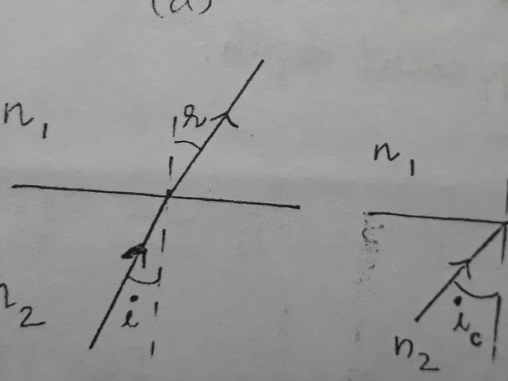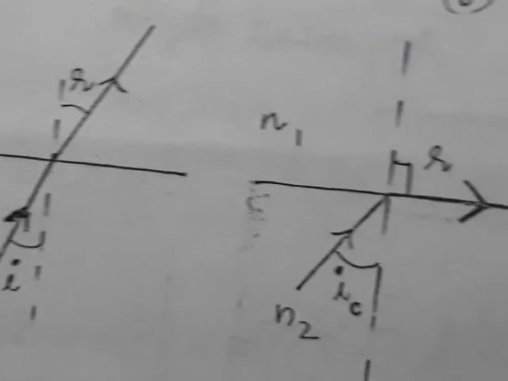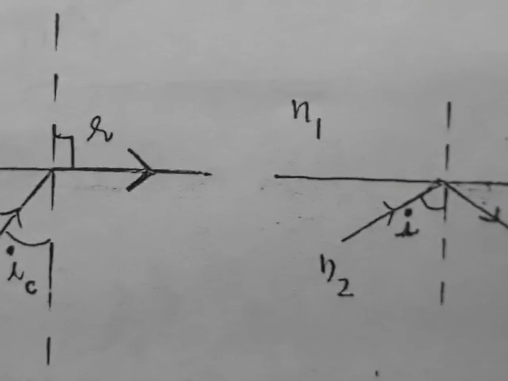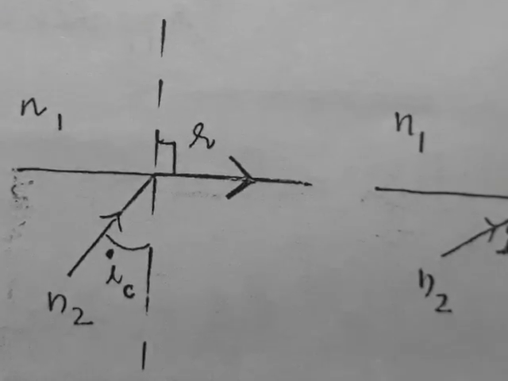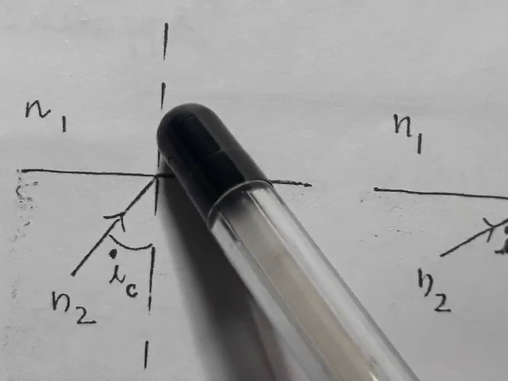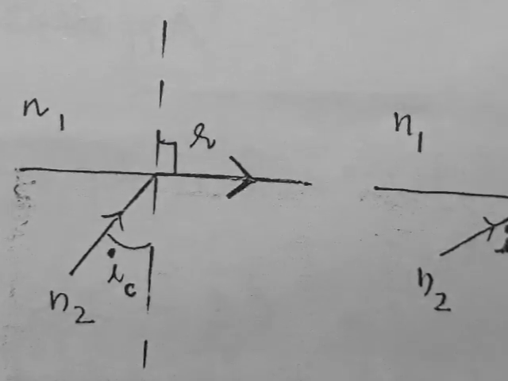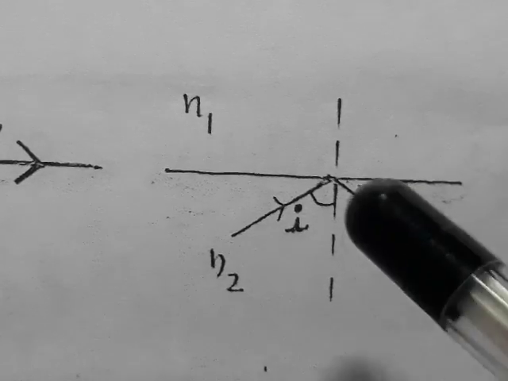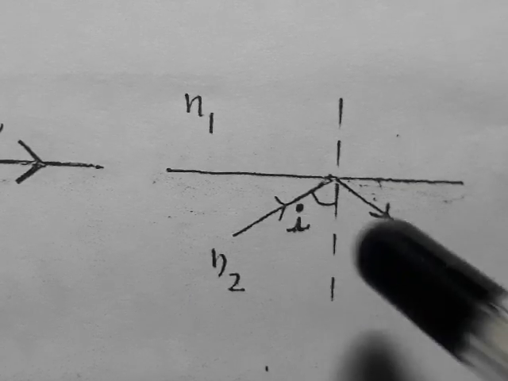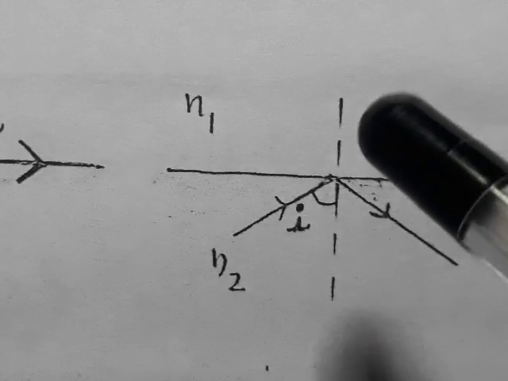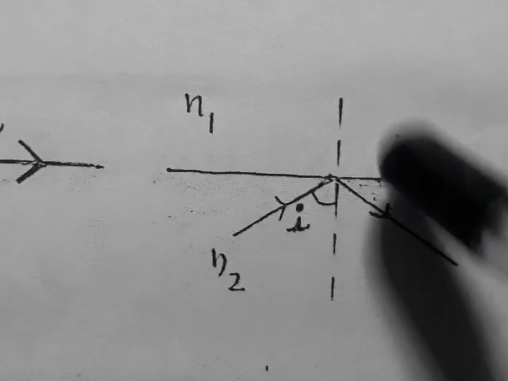So in all cases of refraction there is a reflection also, but if light falls at an angle greater than the critical angle, for the critical angle the angle of refraction will be 90 degrees, but for an angle greater than the critical angle IC, the angle of refraction is again increased.